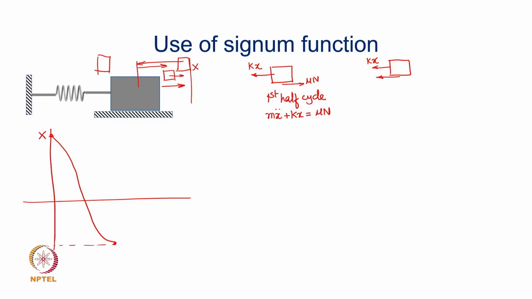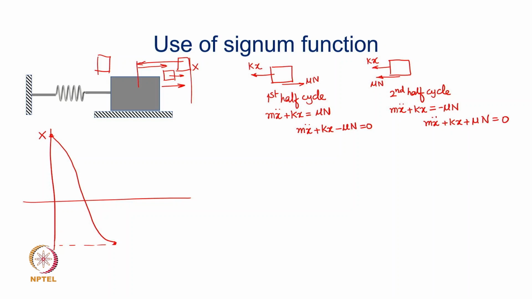So the friction force is now flipped in the opposite direction, and this is how the mu n was shown. For this second half cycle, the equation of motion now is mx double dot plus kx equal to minus mu n. So I may write the first equation as mx double dot plus kx minus mu n equal to 0, and this second equation as mx double dot plus kx plus mu n equal to 0.